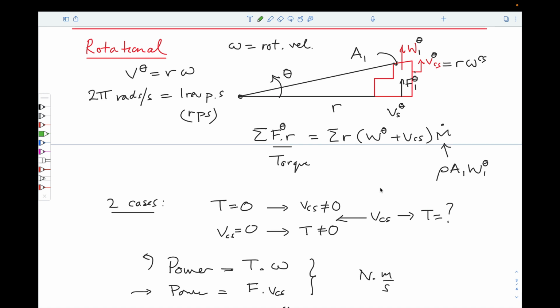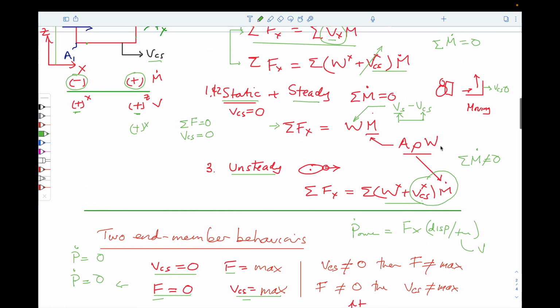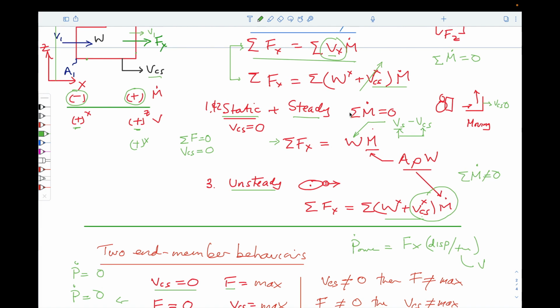The final version is to look at rotational momentum, or angular momentum. And we made the point that the behavior is just like a translating vane, but it's on a lever arm. We made the point that we could use the linear equation, which links force to a velocity times a mass flow rate, just as we had in this expression here.